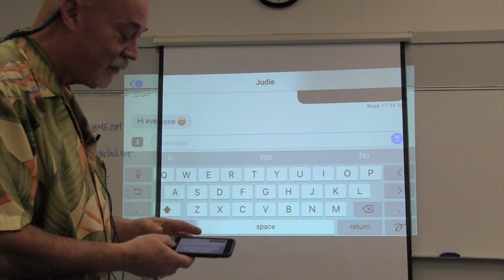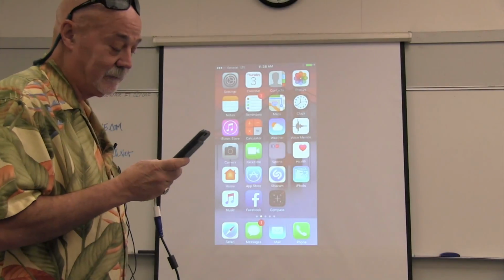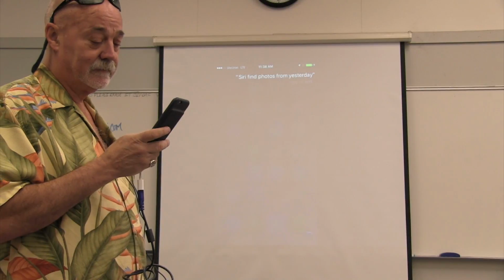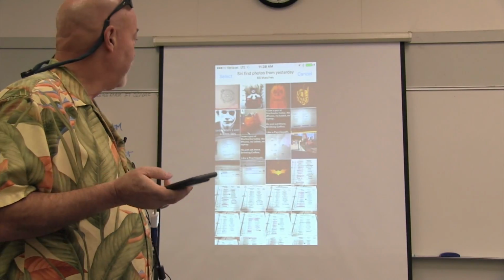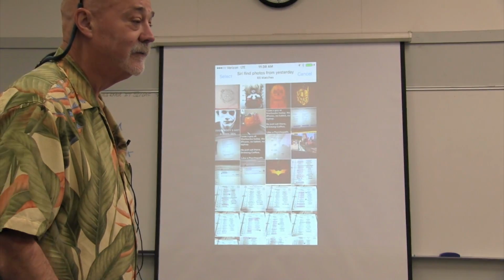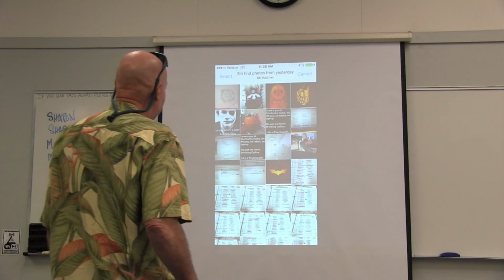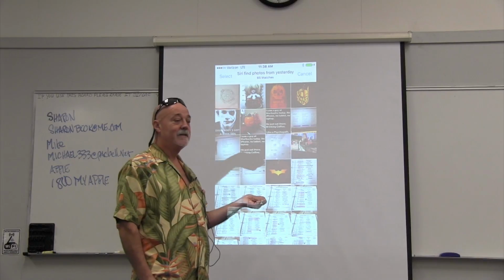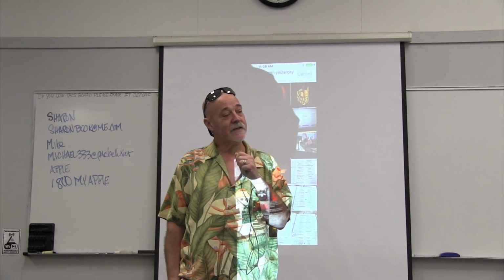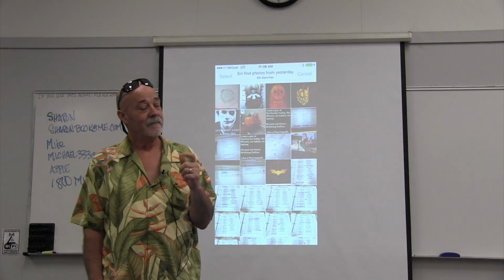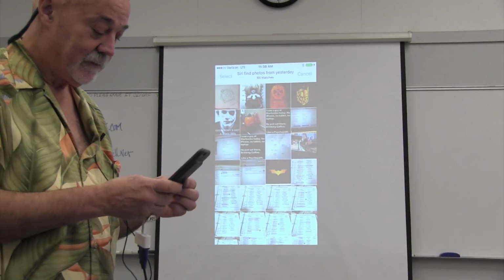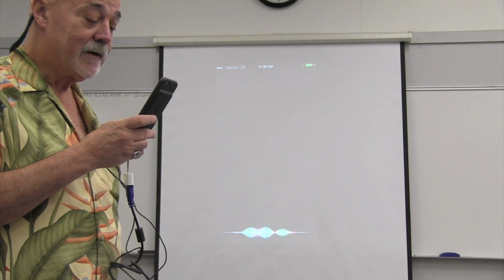One of the new things they did with photos: Siri, find photos from yesterday. There you go. They're the ones I took yesterday. If you have your location device on, you can say, find photos from Mendocino. And all the ones that are tagged Mendocino will pop up. You can say, find pictures of my dog.